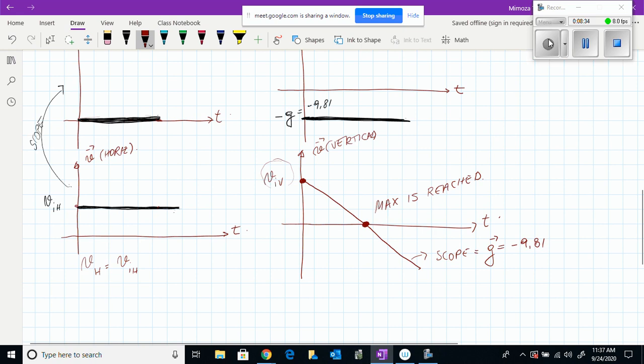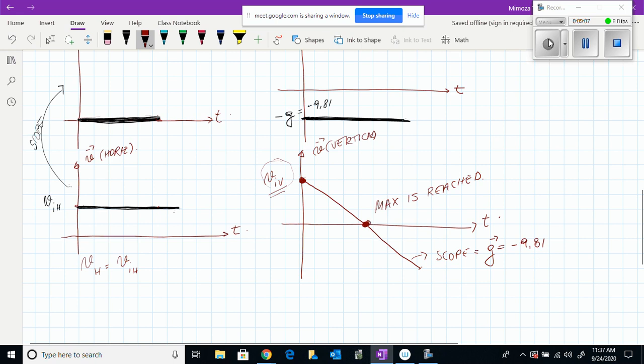And when we are talking about the velocity in the vertical axis, it will be a line that is falling down, and the y-intercept of it will be equal to the vertical component of the initial velocity, and the slope will be negative, the acceleration due to gravity, which, since we are assuming that we are at the surface of the Earth, is negative 9.81.